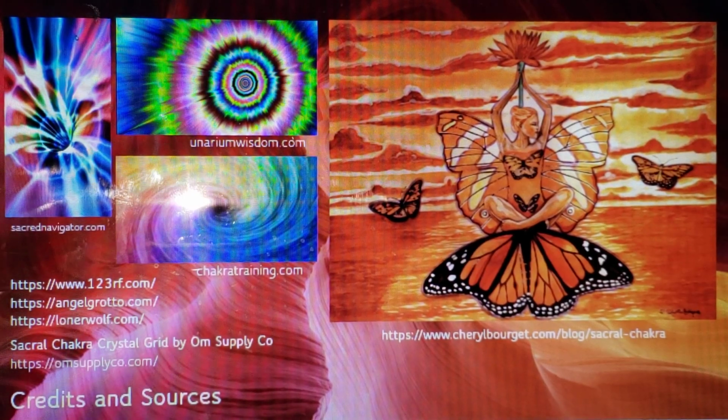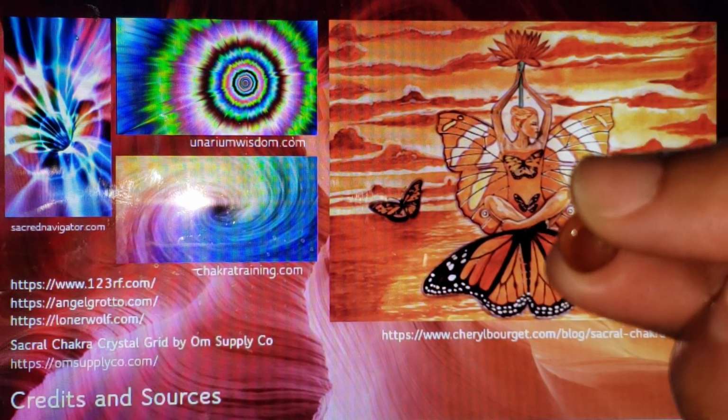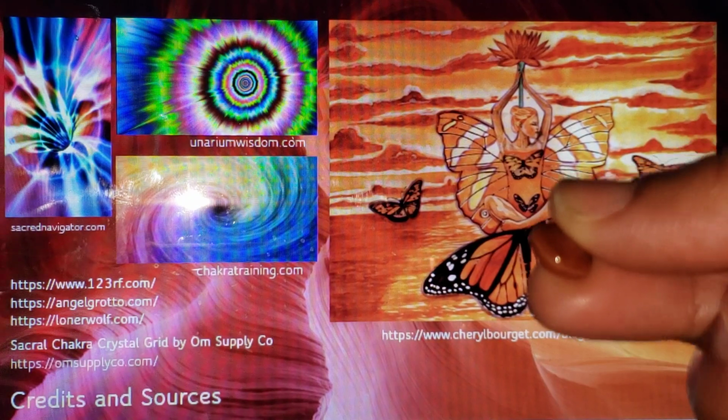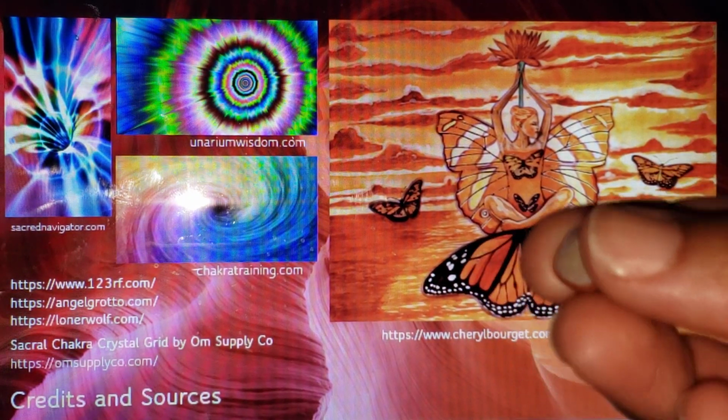Oh, wait a minute. Here it is. There it is. Can you see it? So this is the carnelian crystal. So it's orange, and it has slight little cream and yellow gold in it. It's a very beautiful crystal.